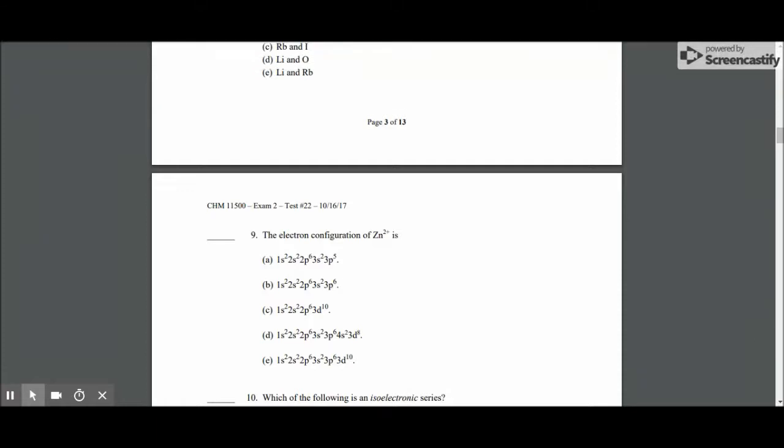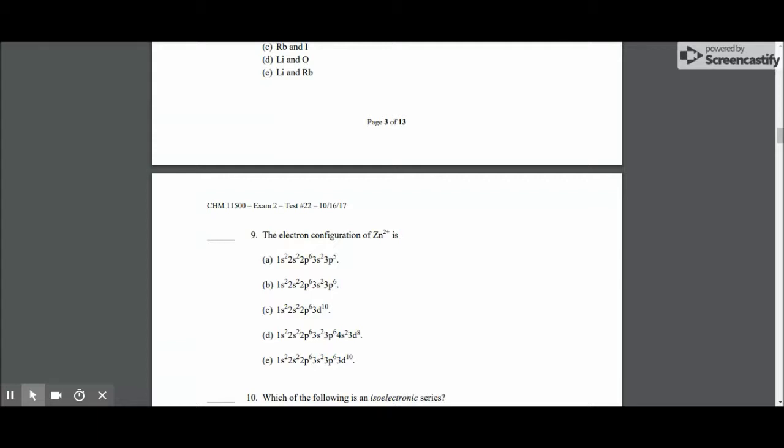9's a little tricky. It's a lot like number 2, where we have a list. We see that every single one has 1s2, 2s2, and 2p6 in them. Moving on, we see that 4 out of the 5, all except for C, then go on to have 3s2 in them. So we're going to continue doing that, and we're going to cross off C as an eligible answer.